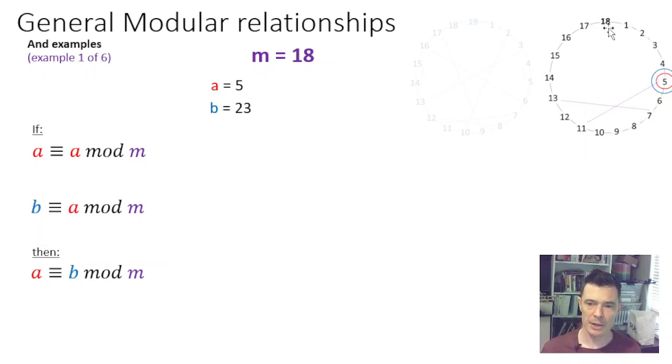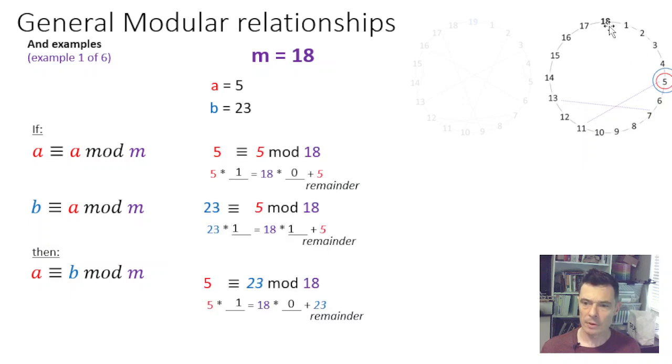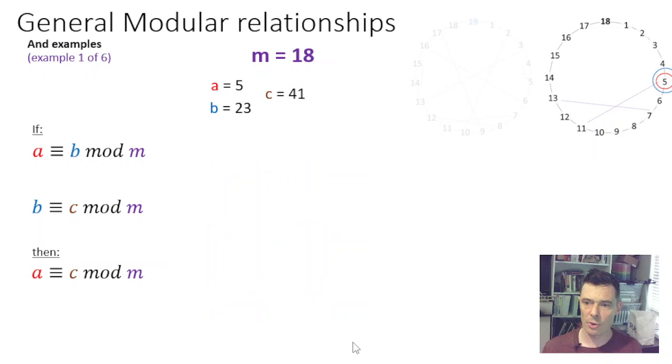And what's happening here is, for a, we've got 5. 5 is congruent to 0 plus 5, and the same applies here: 23 is congruent to 18 plus 5, and that ensures this last equation also holds.